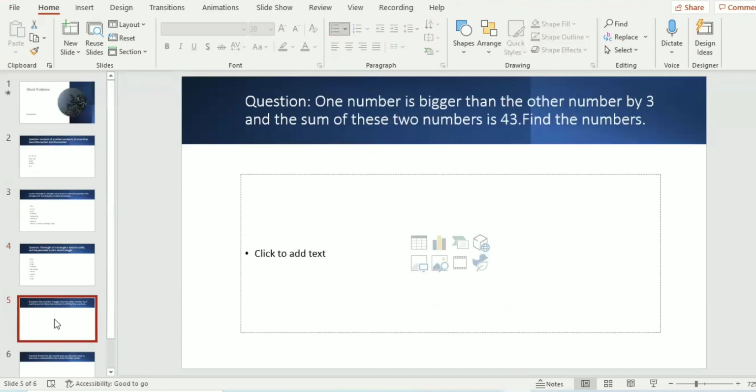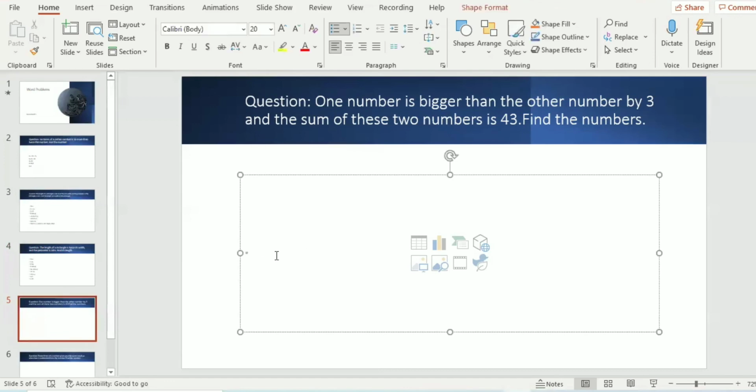Now our next question is, one number is bigger than the other number by 3 and the sum of these two numbers is 43. Find the numbers. So let's say one number n1 is equal to x, and the other number, since one number is bigger than the other number by 3, n2 is bigger by 3.